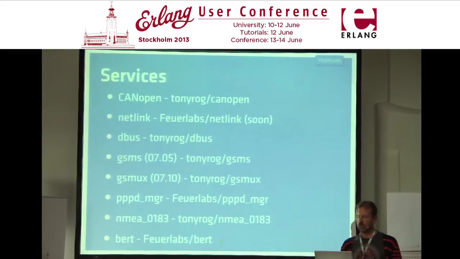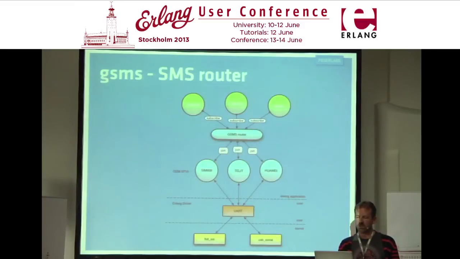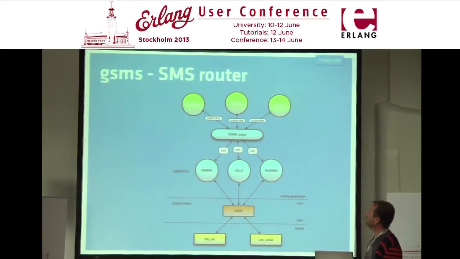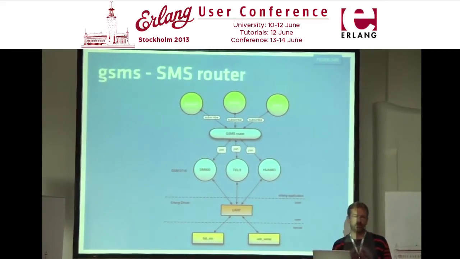So those services I tend to structure in a very similar way to make it very simple to use. And so here's the structure for the GSMS, an SMS router. If you read it from top to bottom, we can see that on the top we have the applications, and they want to receive an SMS.